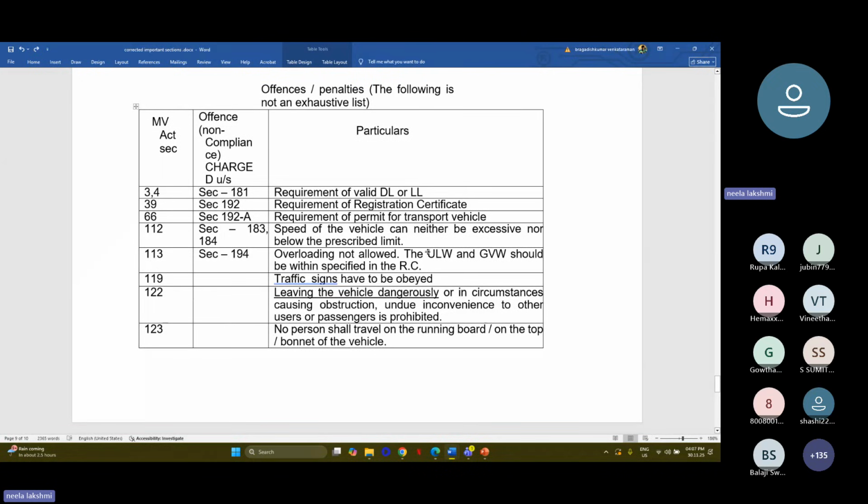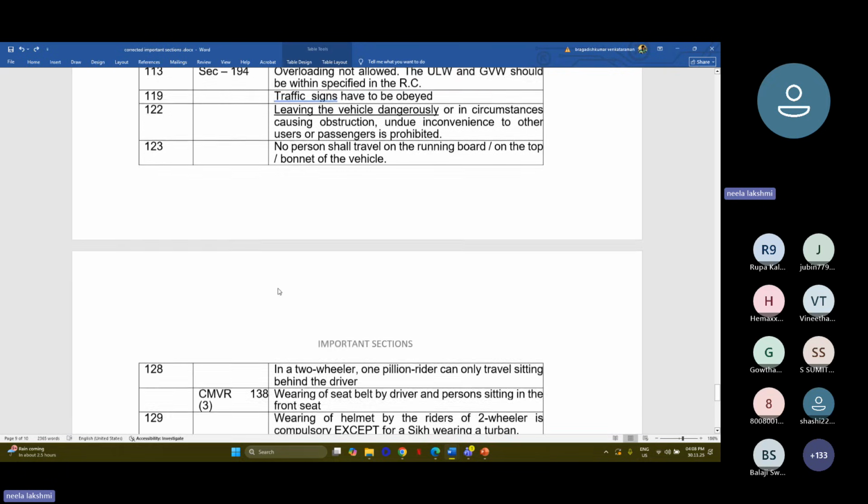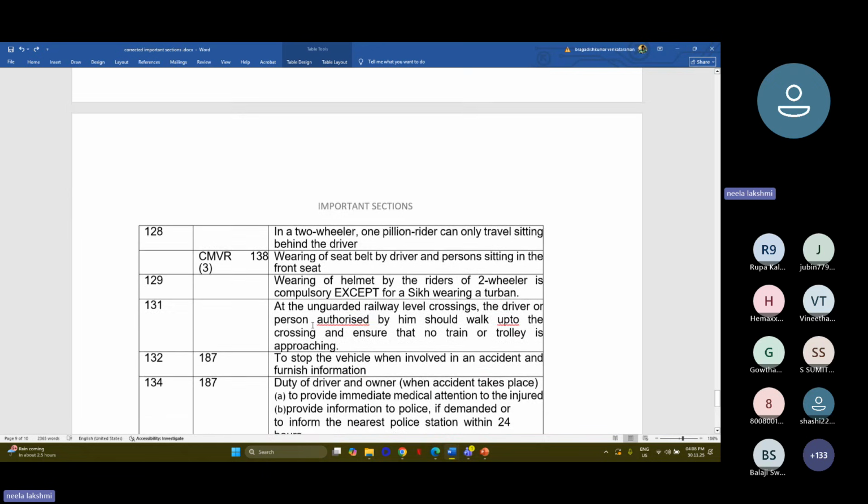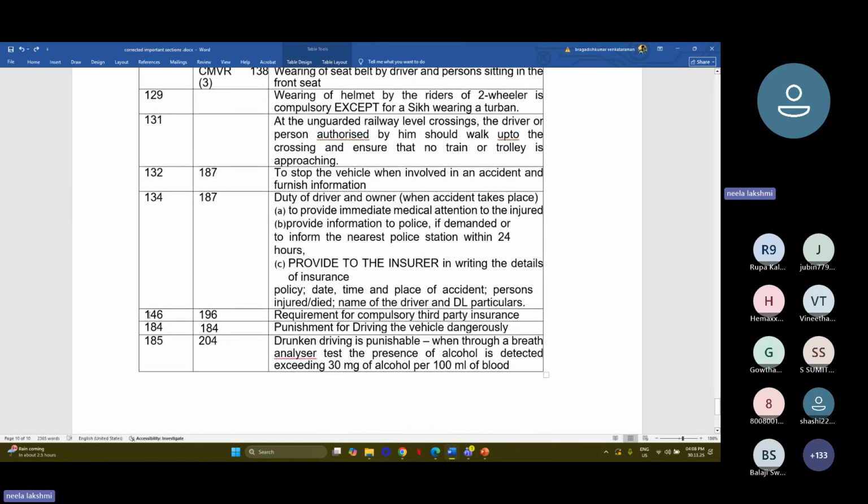Like this, these are all given. For permit, Section 66 says a permit is necessary. If one violates it, he is punishable under Section 192A. Insurance is compulsory under Section 146. If anybody violates that, he is punishable under Section 196.